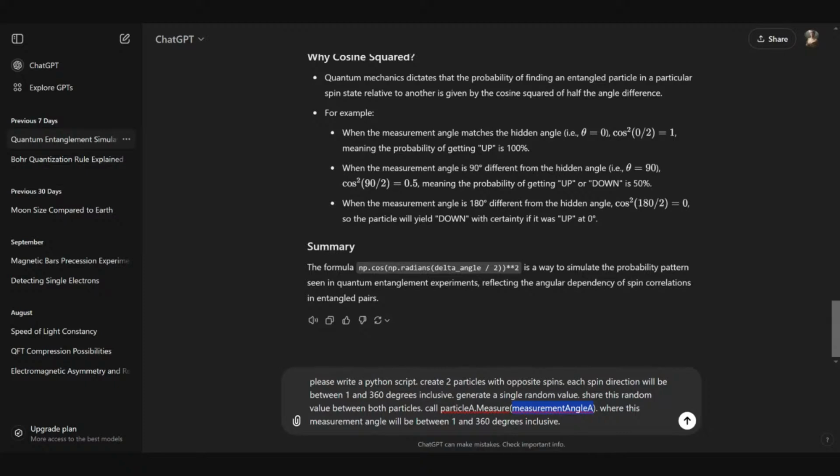Yeah, it's the same protocol. We're measuring because we want one to be to the right and one to be to the left, so they have to be under the same influence. So it's the same measurement angle. But what is the measurement angle? There's no reason to change it. We just want to run the test again and again. So we don't need a measurement angle.